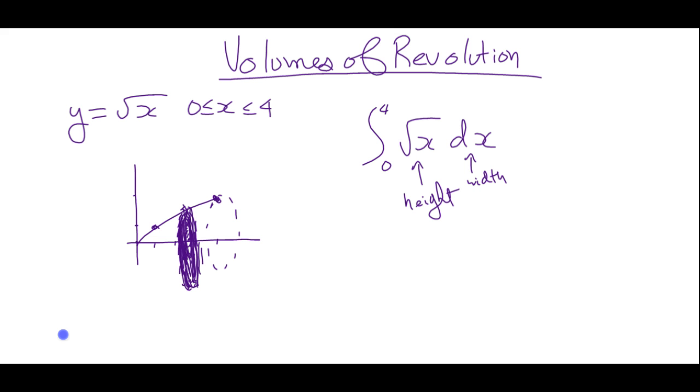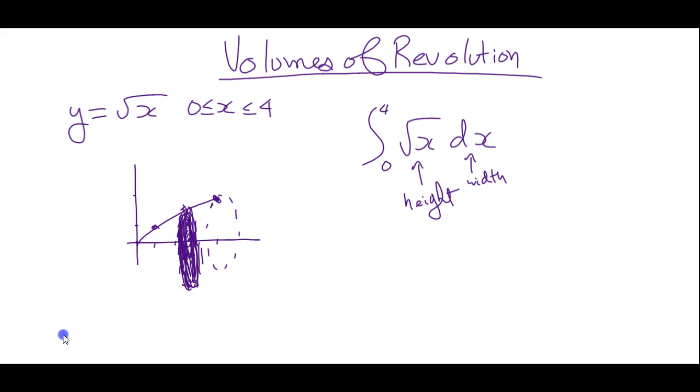So basically what you get is like a coin, the edge of a coin, with the width of the coin being dx, and the radius of the coin being the height of the function, f of x, or square root x.